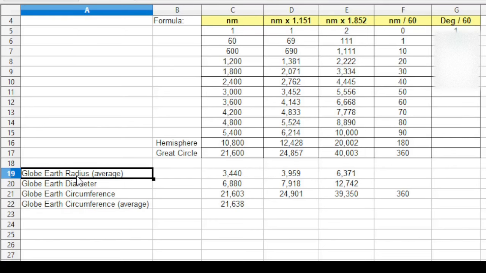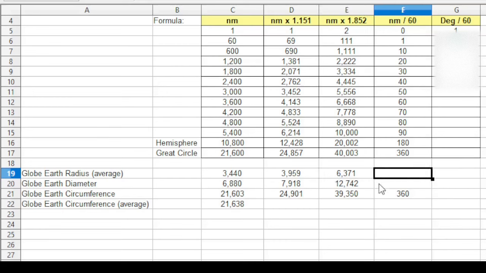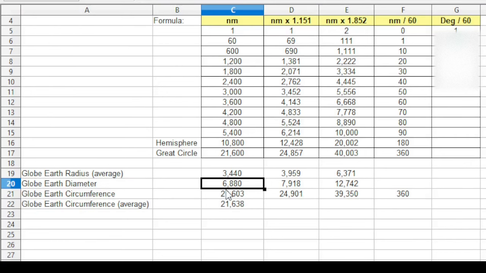So we have the globe Earth radius averaged to 3,440 nautical miles, or 3,959 miles, 6,371 kilometers. And of course, when we're talking about this straight line here, we don't need any degrees. So that would make the globe Earth diameter 6,880 nautical miles, or 7,918 miles, 12,742 kilometers.